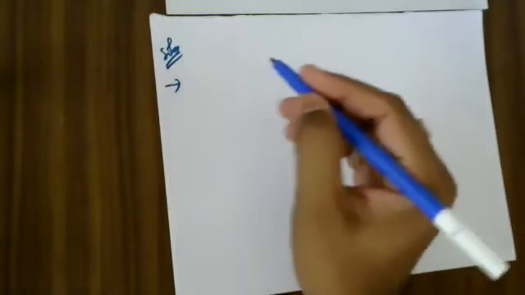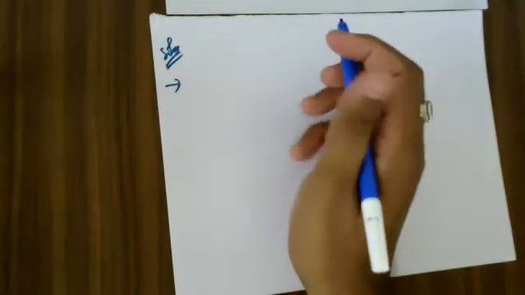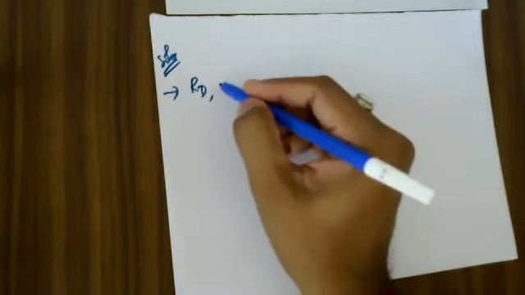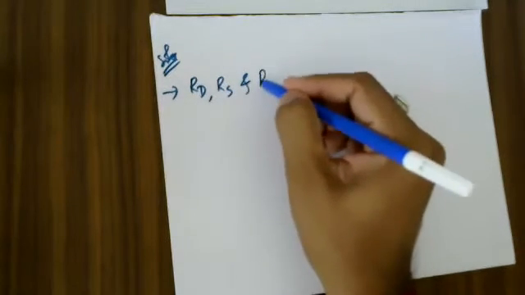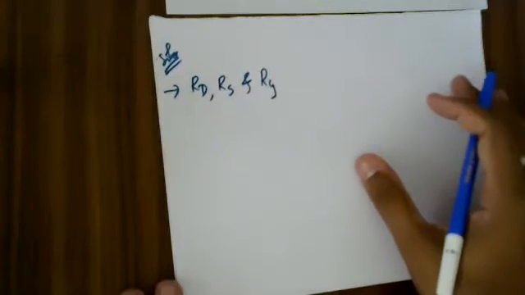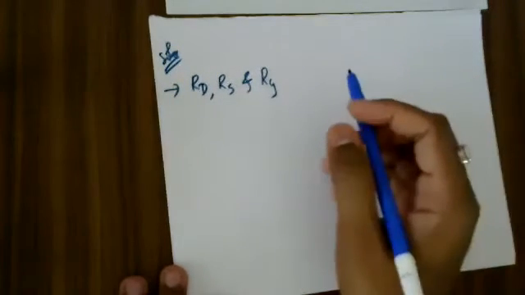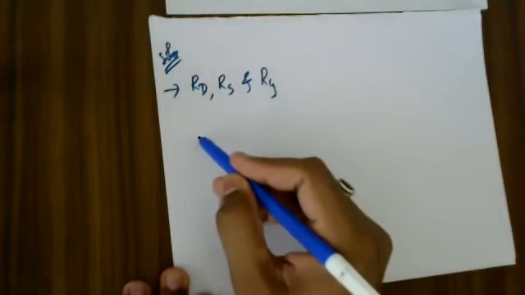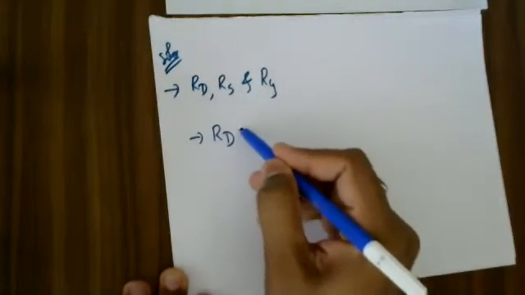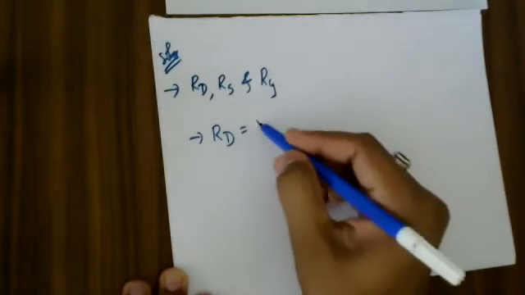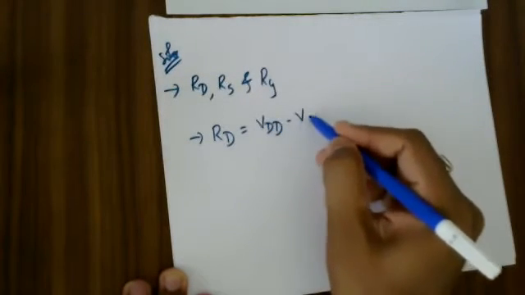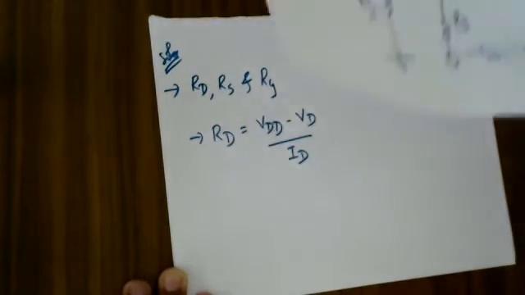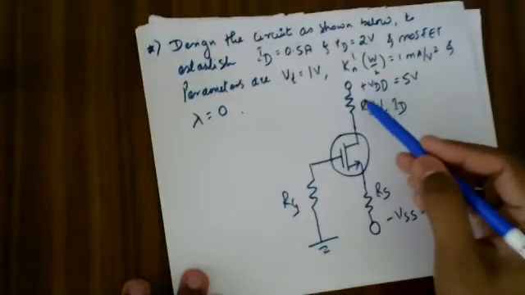Depending upon this given data, we'll start solving it. Our step 1 is to compute the value of RD, RS, and RG. First, how are we going to compute the value of RD? I want this drain resistance.